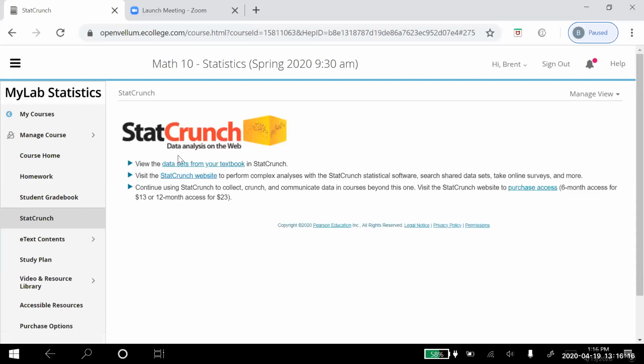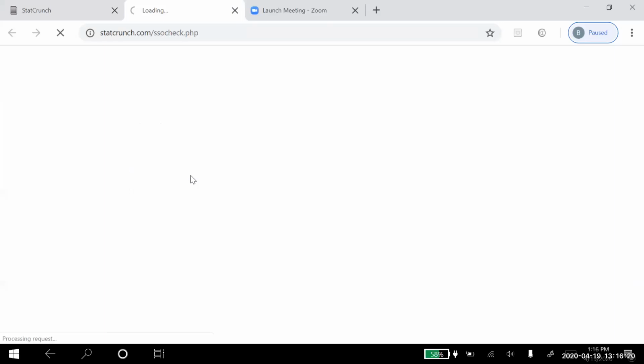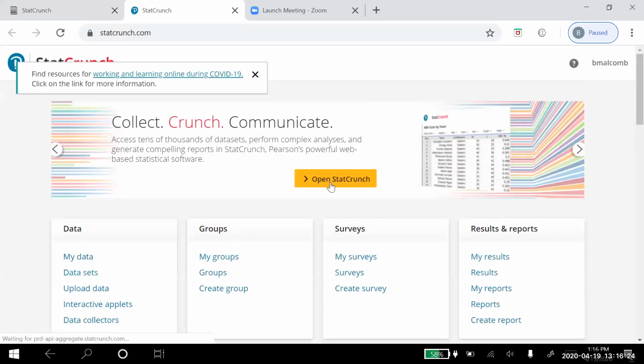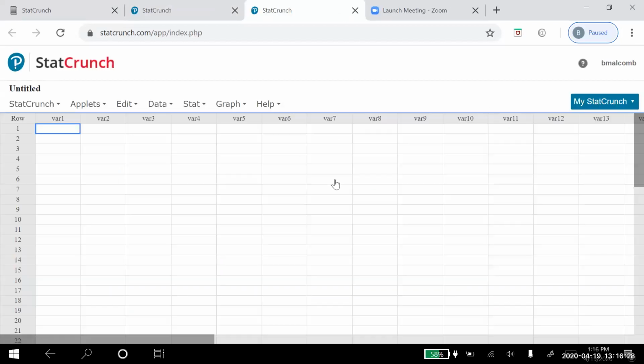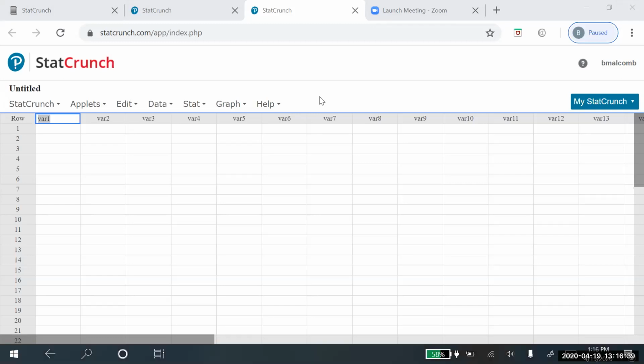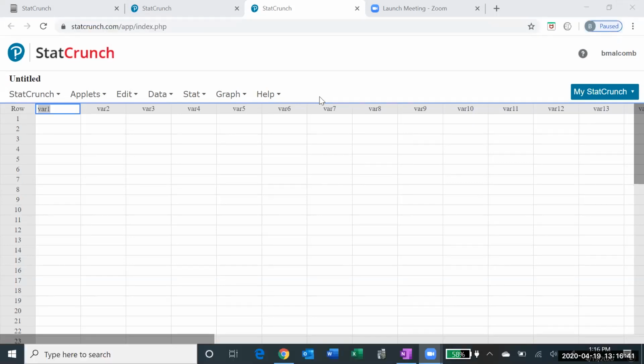Now, it talks about down here at the bottom buying StatCrunch, but we can go straight to the website. Again, you don't have to do any of this. And I'm going to open StatCrunch. Okay, so what I'm going to do is go up here, and I'm actually going to enter all of our data. So bear with me a second.